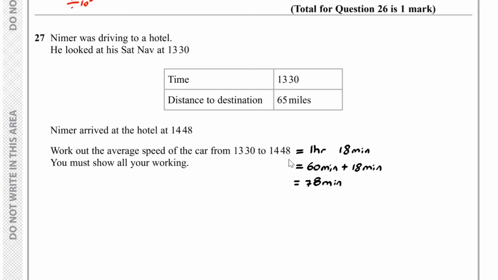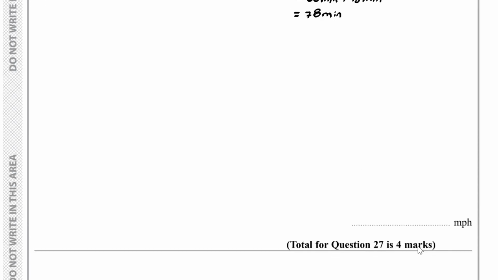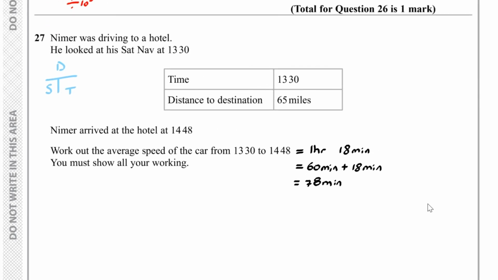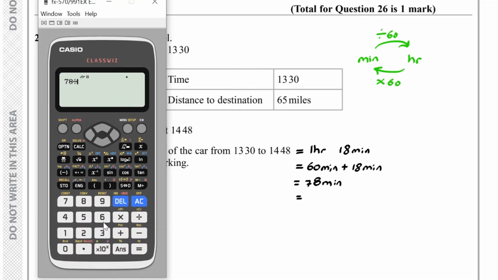Okay, now the formula we need to use in this question is speed equals distance over time. Now we know the distance as 65 miles, we know the time, but the time needs to be in hours, because if you look over here, the units are in miles per hour. So to go from minutes to hours, we divide by 60, and hours to minutes we times by 60. So 78 divided by 60, that's equal to 1.3.